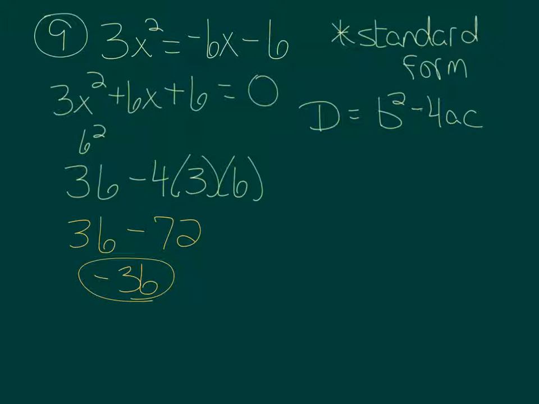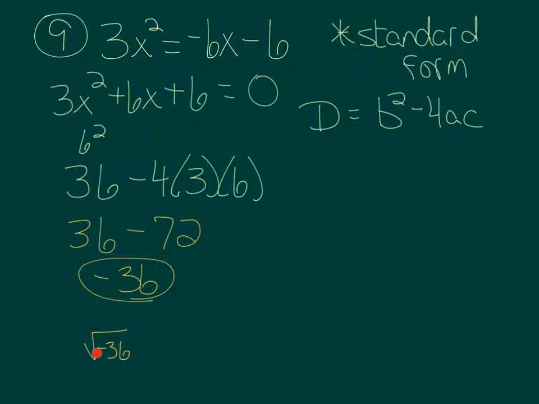Now, to determine how many solutions that gives us, if that were under the radical, like it is in the quadratic formula, right? This is the part that goes under the radical. We'd be taking the square root of a negative, right? So we have two solutions because we've got the 6 and the negative 6, but they're complex solutions because i is going to be involved, right?